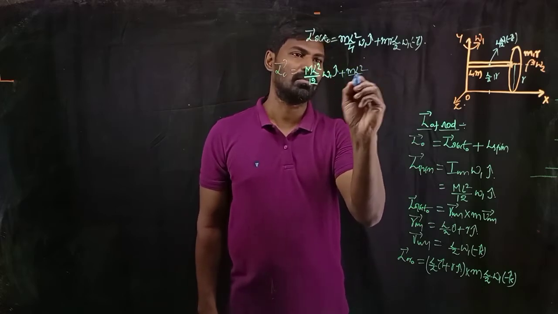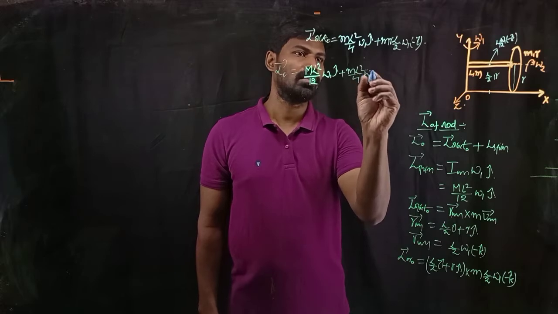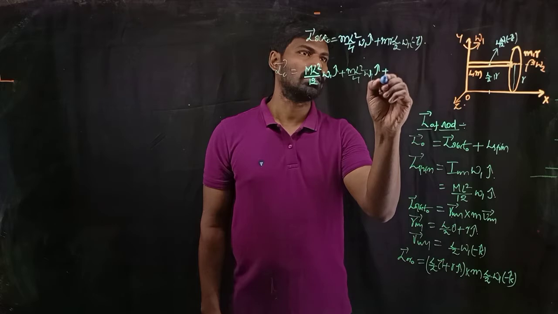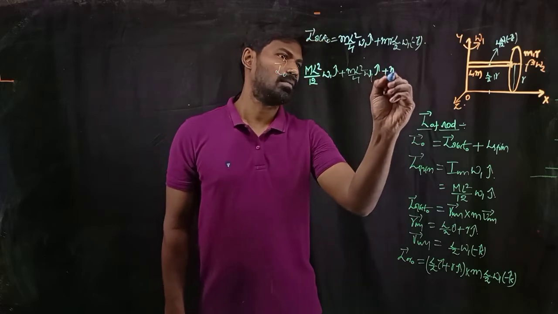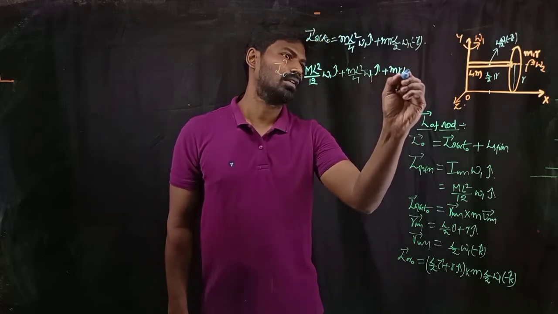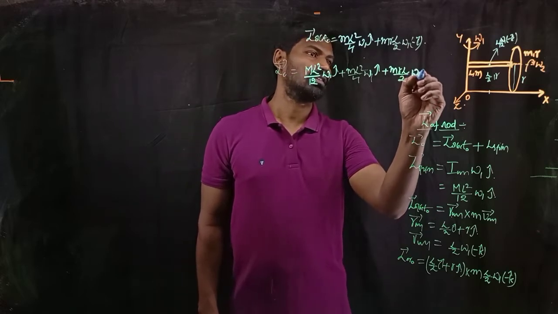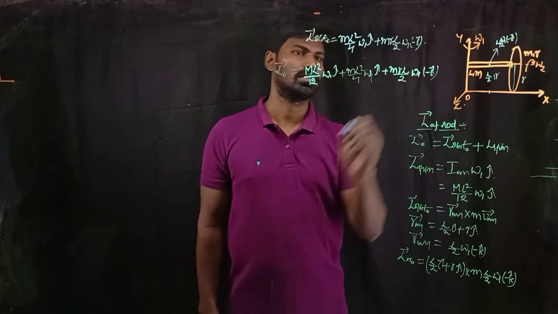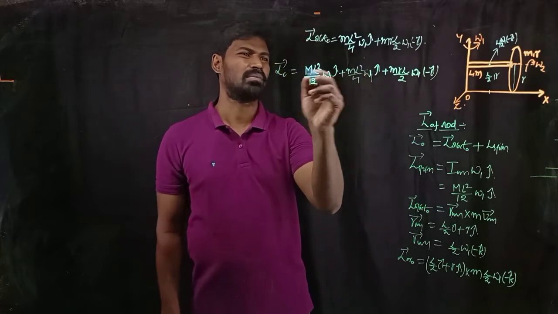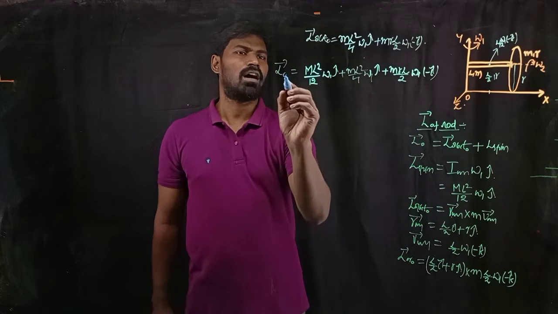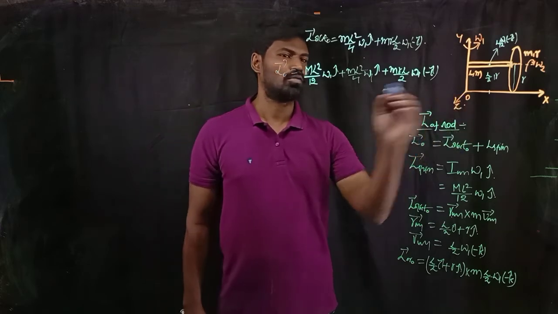M L square divided by 4 into omega 1, which is along j cap direction, plus m into r into L divided by 2 into omega 1, which is along minus i cap direction. Sometimes I am writing capital M, small m, it doesn't matter, all are the same. This is the angular momentum of the rod about O.